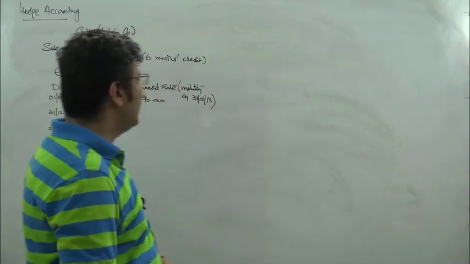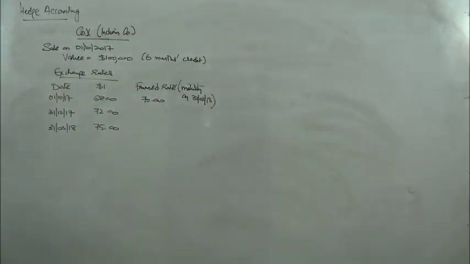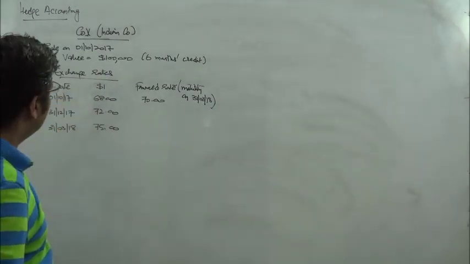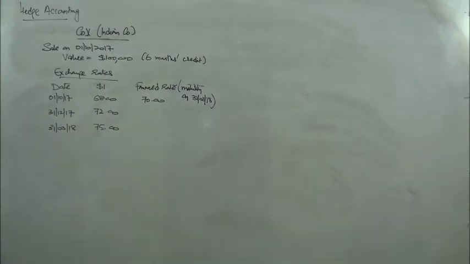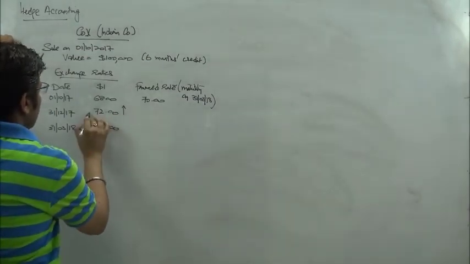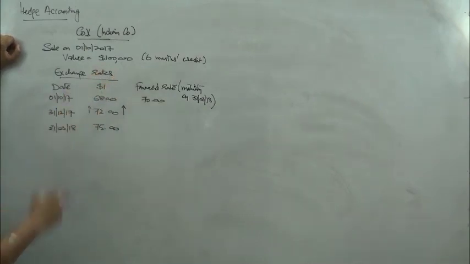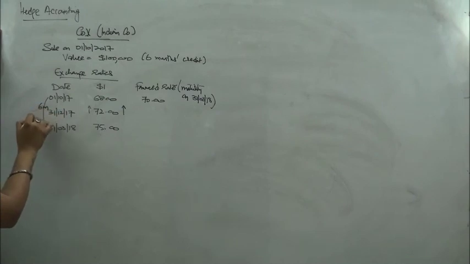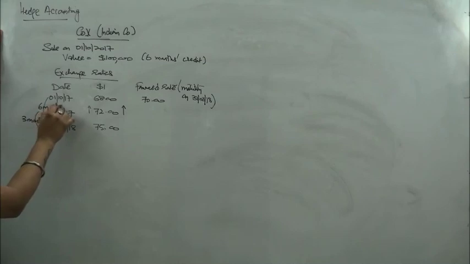Sounds okay? Now, let's try to understand the behavior of these exchange rates. Here you would notice that in 3 months time the dollar rate has increased a bit, from 68 rupees per dollar to 70 rupees per dollar. Now there are two things that we need to understand. One is that the dollar is appreciating as against the previous rate, and your tenure is declining from a 6 months period to a 3 months period, right?